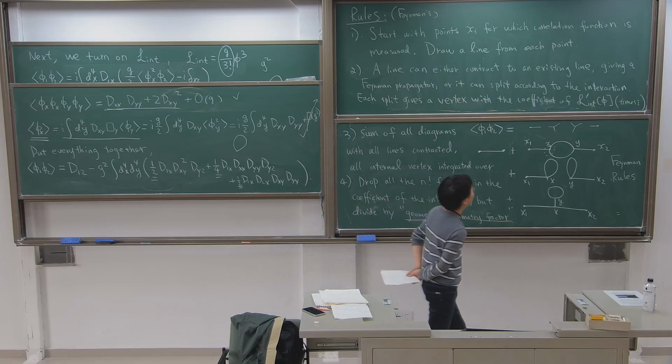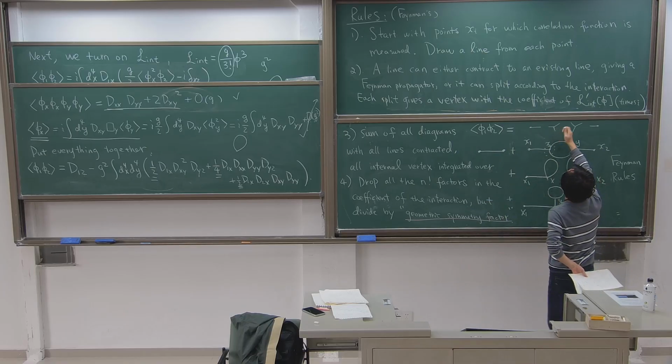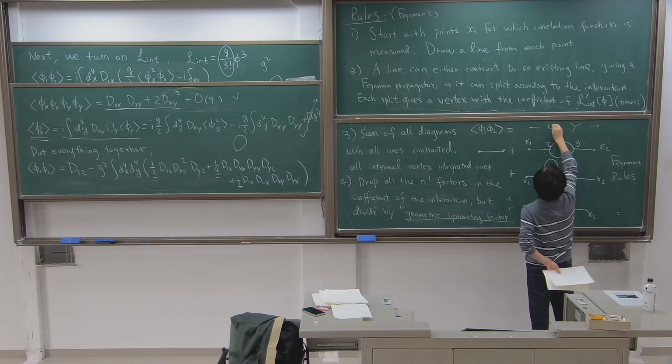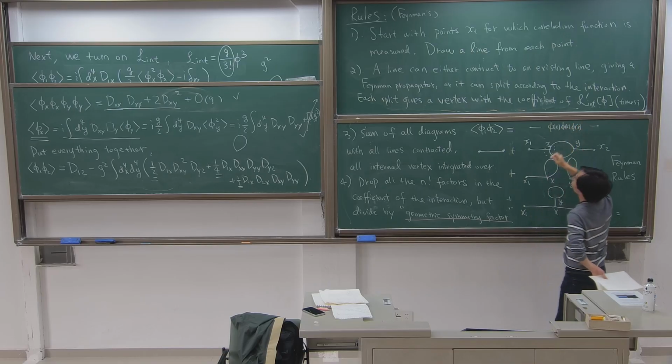Now, again, as said before, if you have such a vertex, it essentially means there are 3 phi x standing at the same point, prepared for your contraction. Is that clear?